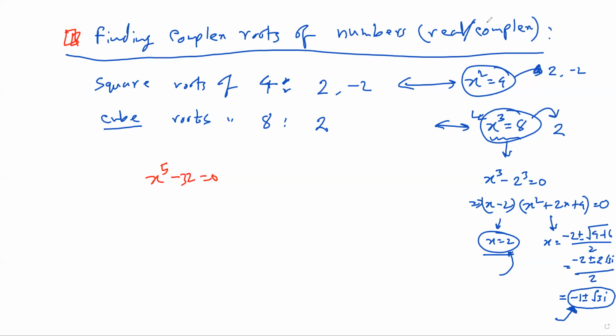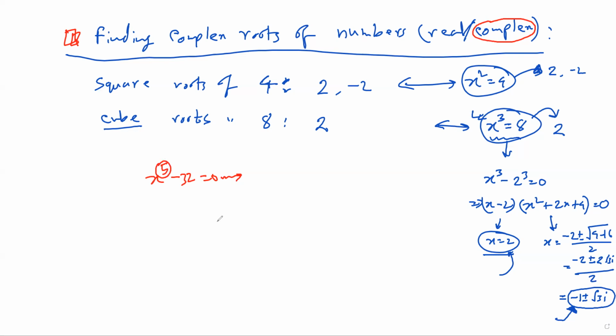We haven't even started our discussion of finding roots of complex numbers. We are still limited to finding roots of real numbers, but yet you can understand that this equation is pretty difficult to solve, right? And I can just keep increasing the order of this polynomial to make problems even harder to solve.